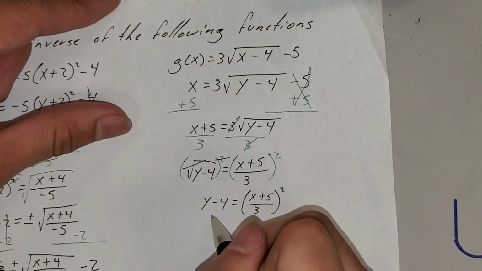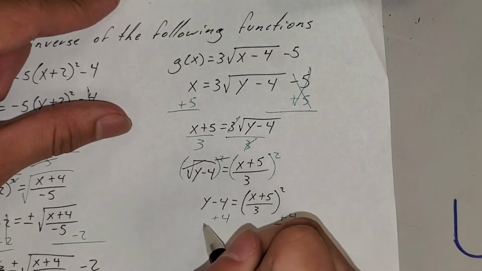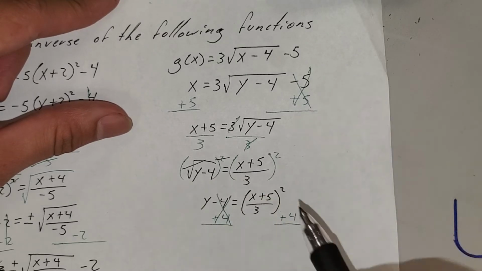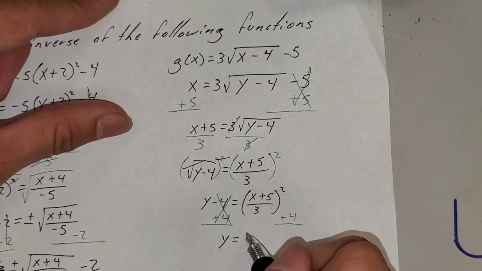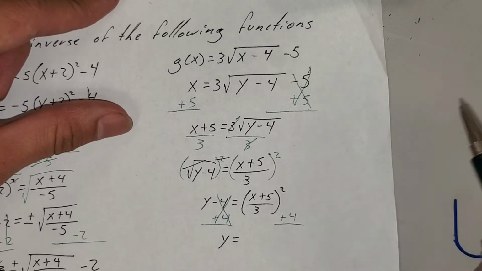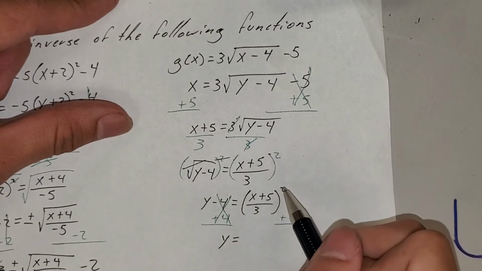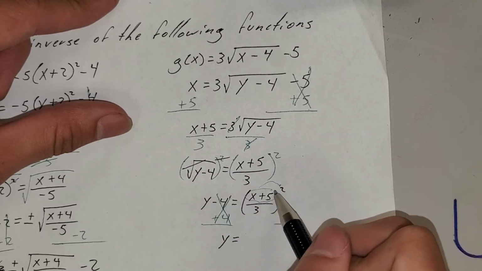Almost there. Need to add 4 to both sides. This way these 4s will cancel out. And I get y equals, now check what I'm going to do over here. Notice that we have this squared. That means that the square will distribute to this whole thing up here.